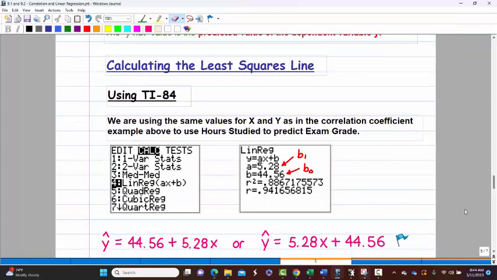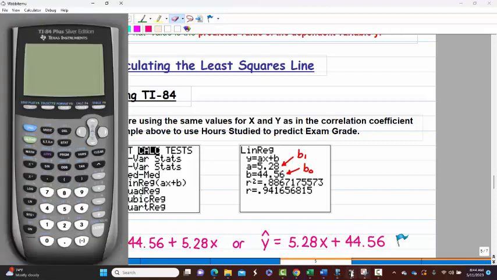Now in the calculator, I'll just turn this back on. It should still be there. Yes. So the same thing we did by entering the data and doing the calc linreg gives us the correlation coefficient, but also gives us the value of the slope and the y-intercept.